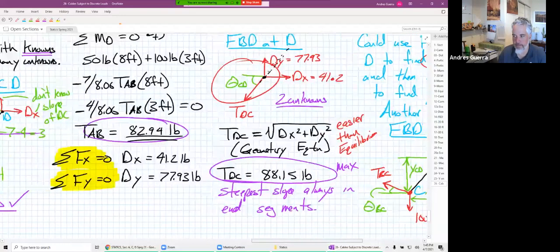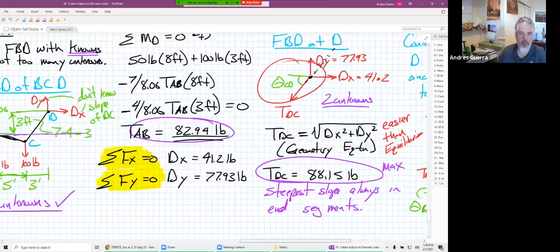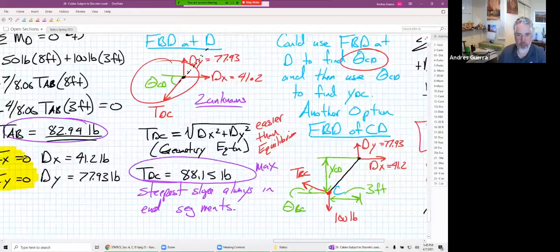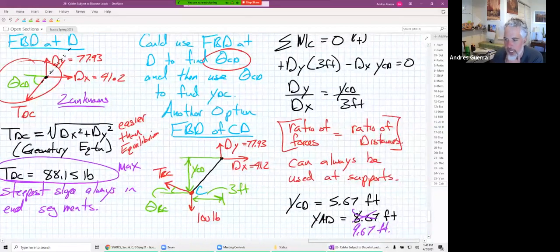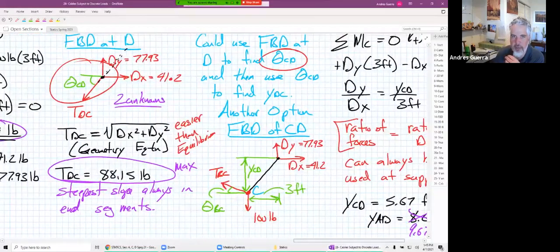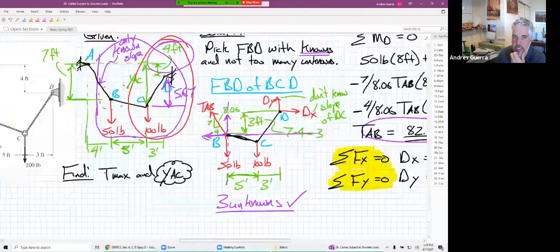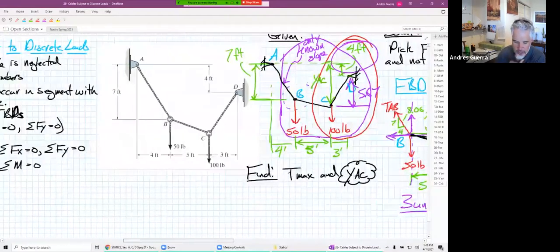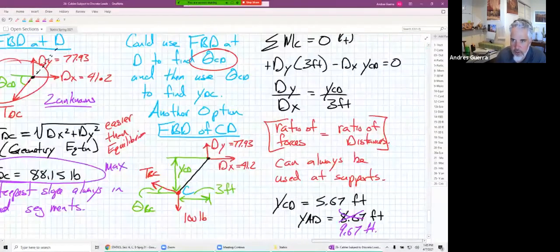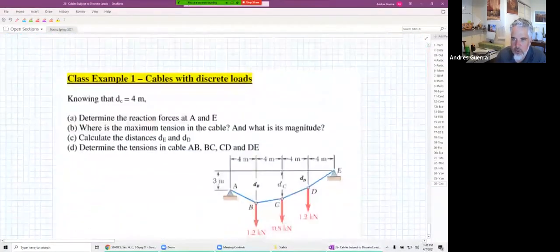Okay. And I see Morgan was telling me it was 4 feet. Okay. All right. Let's take a look at another example. We are not going to have time to go through this, but I wanted to get it started. And this is up on Canvas under the supplementary example problems.